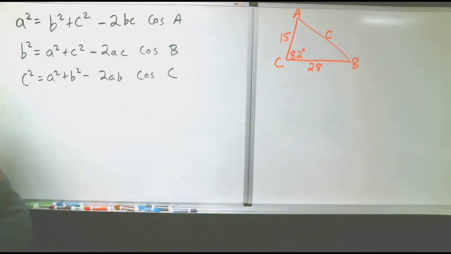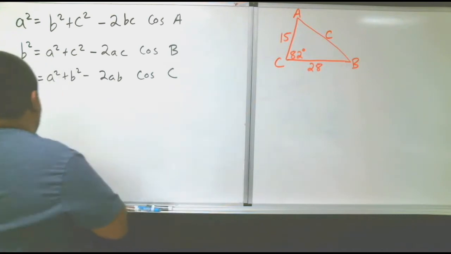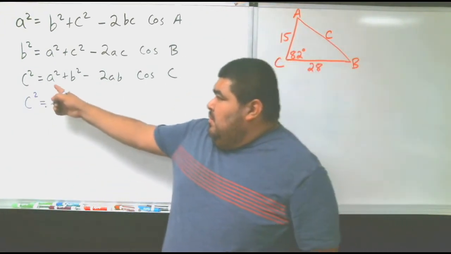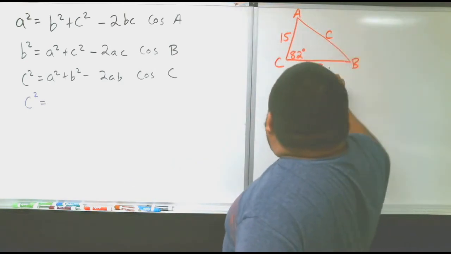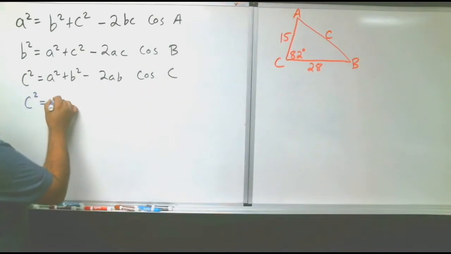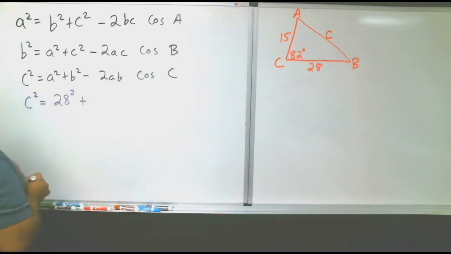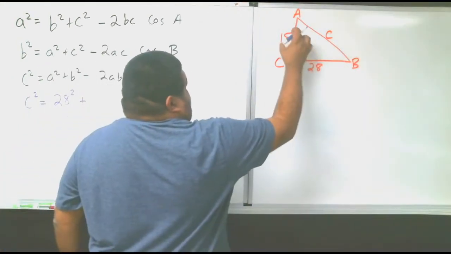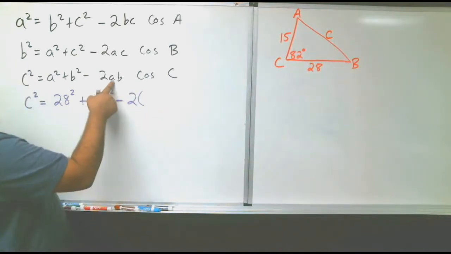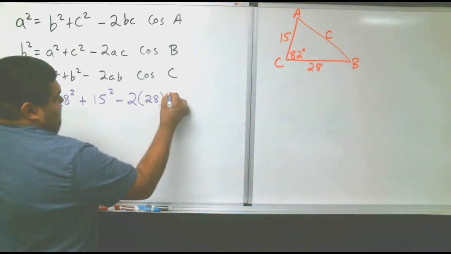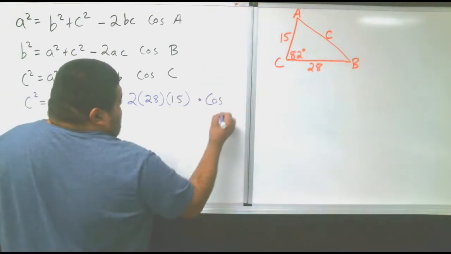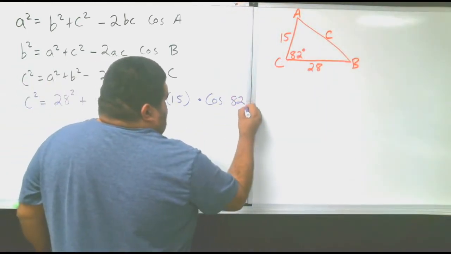So we're going to use the bottom one, which is C squared equals A squared plus B squared minus 2ab cosine of C. A is 28, because across from capital A is lowercase a, so we have 28 squared, plus b squared, lowercase b is 15, squared, minus 2 times a, which is 28, times b, which is 15, times cosine of C, which in this case is 82 degrees.